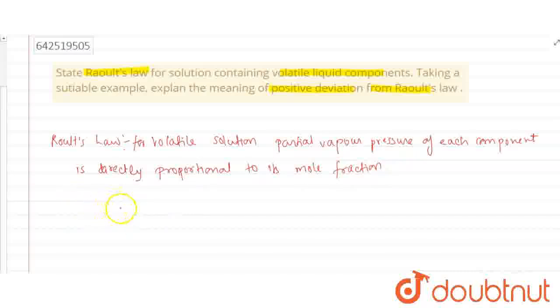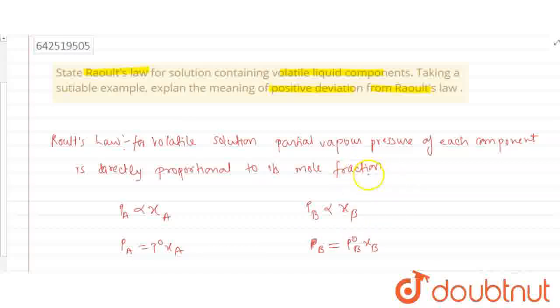Mathematically, we can say that P of A is proportional to XA, P of B is proportional to XB, and for removing the proportional sign, we can take PA equals P naught A XA, and here we can write PB equals P naught B XB.